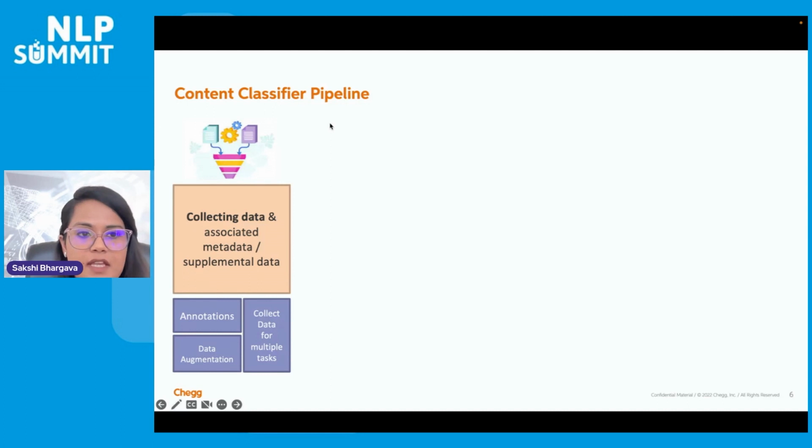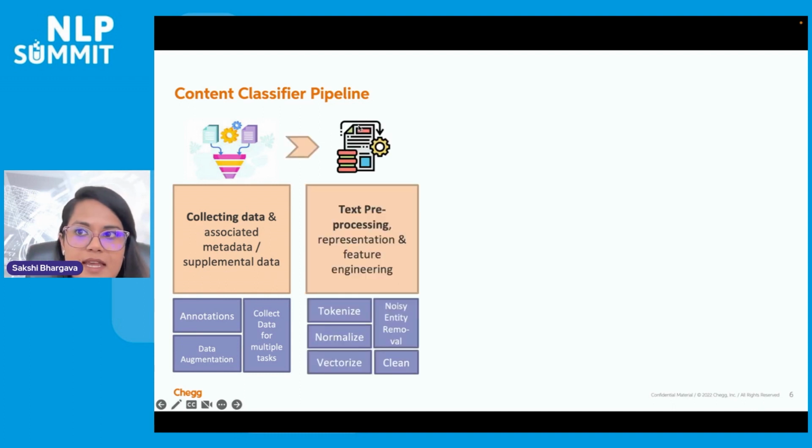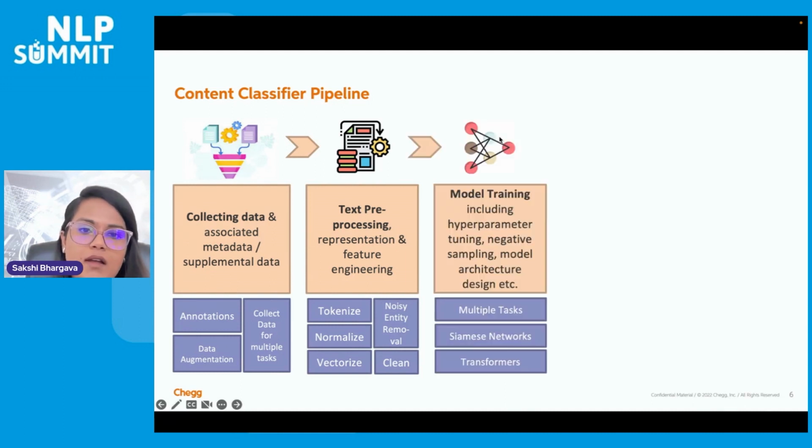The first step is to collect data, both expert tagged and noisy unlabeled data. The second step is text pre-processing and preparation for model training. The third step is defining the model architecture, training of the models, and also hyperparameter tuning.